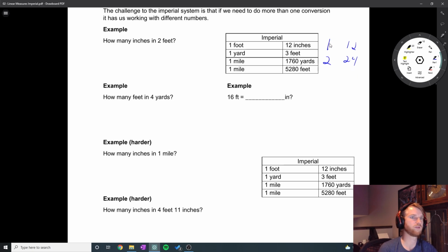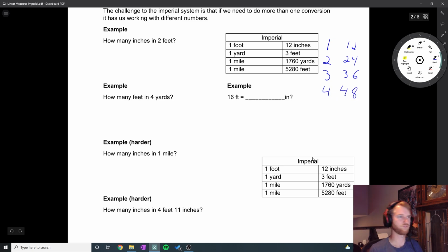If 1 is 12 and we have 2 of them, getting twice as big, it's going to be twice as many inches as well. 3 feet would be 36, 4 feet would be 48, and so on. Every time we're just adding 12 inches.